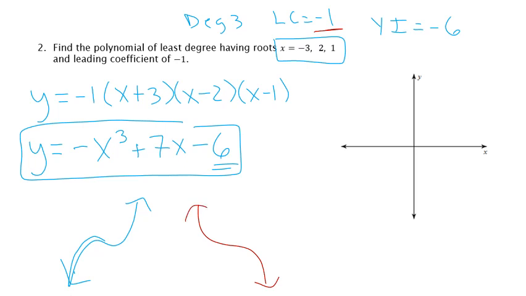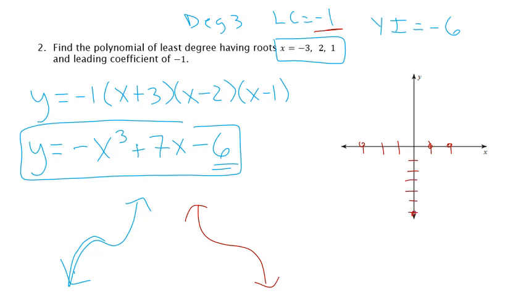So when we go ahead and plot this, I'm going to plot a -3, a +2 and a +1, and maybe I'll plot my -6 down here.